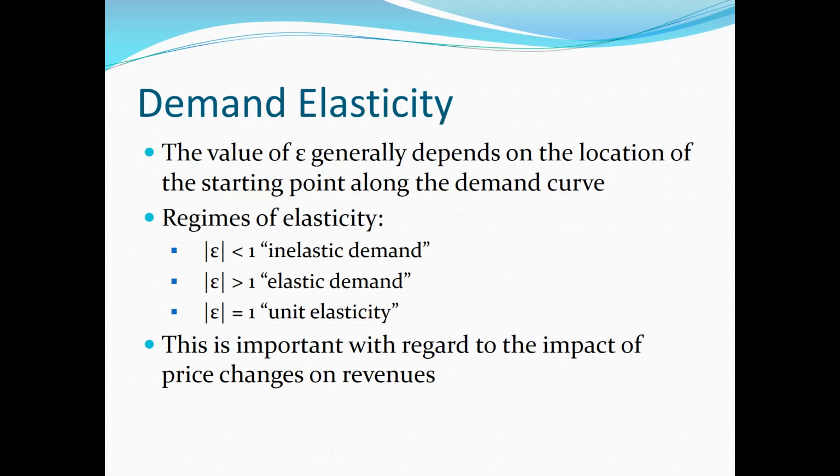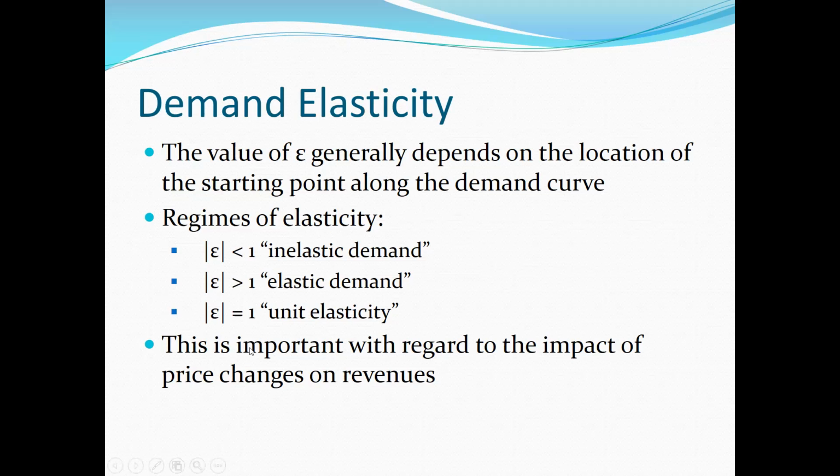That's the realm where you can get away with raising prices. Epsilon greater than 1 is called elastic demand, which means that corresponding to a price change, there will be a bigger drop off in your consumer demand. So you might not be able to get away with raising prices.